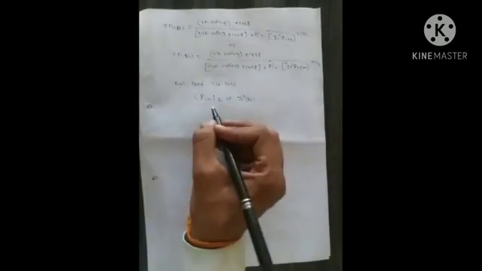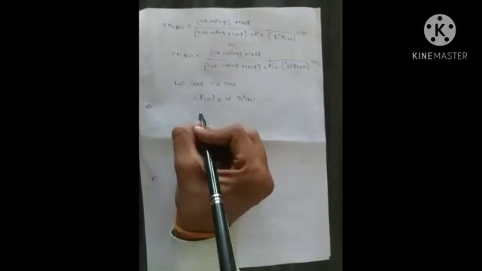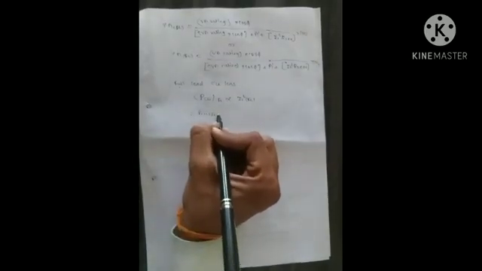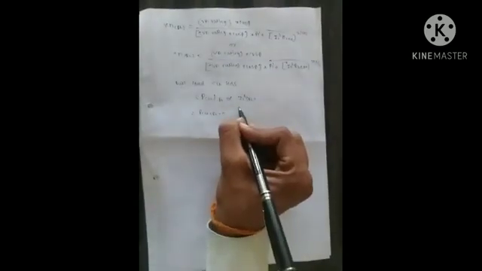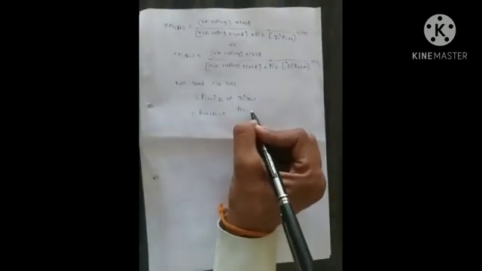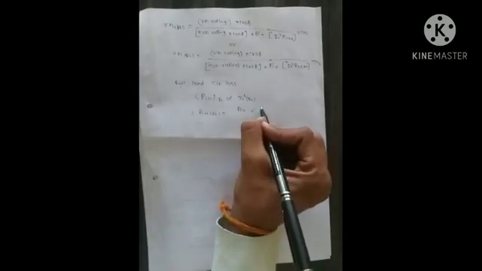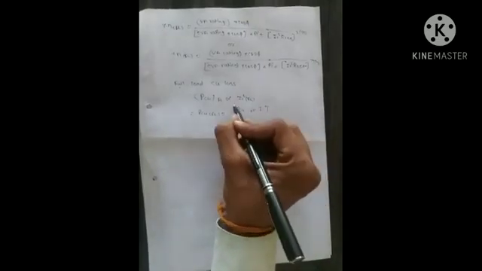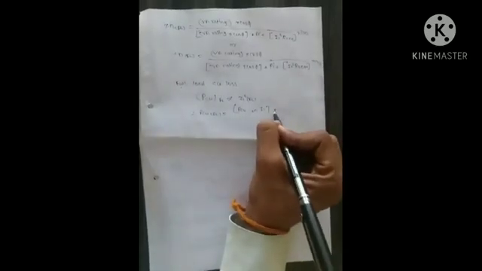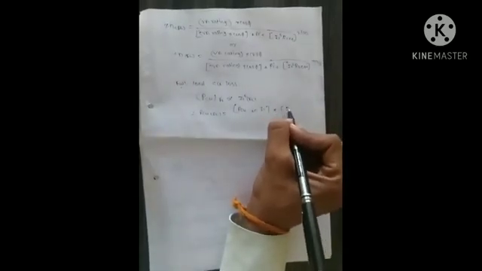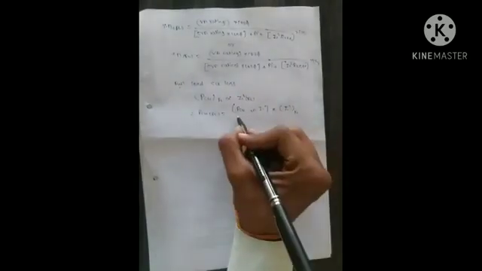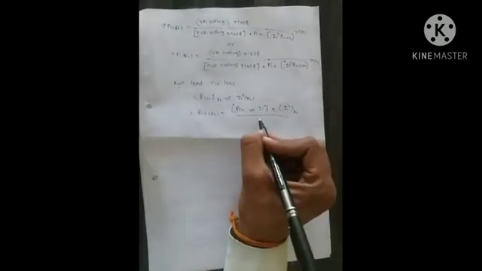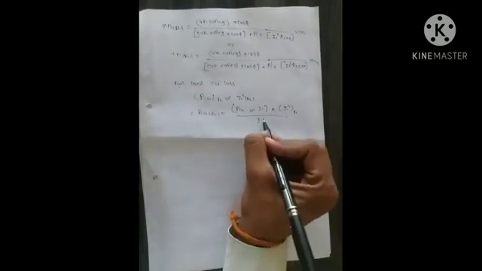So PCU at full load equals PCU on I1 into I1 square at full load upon I1 square.